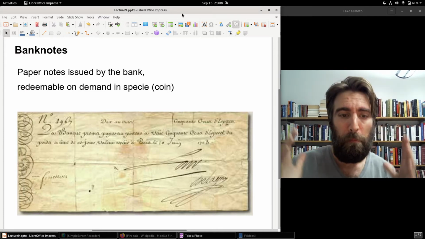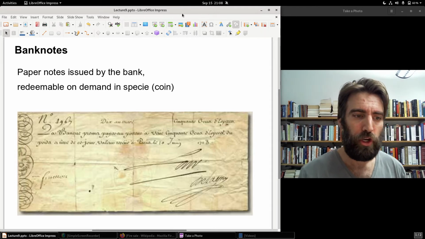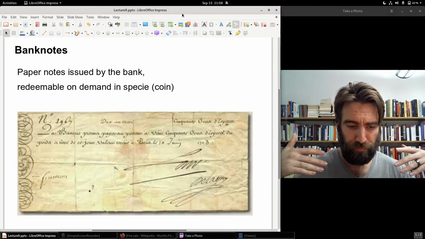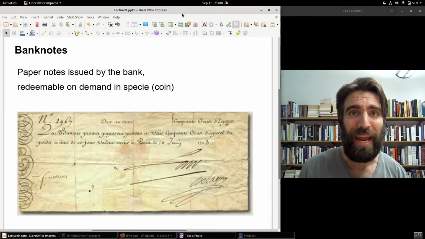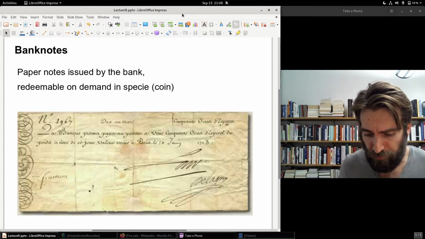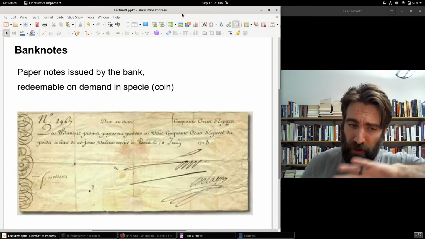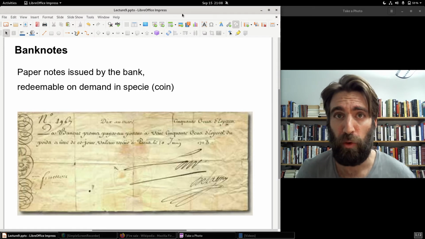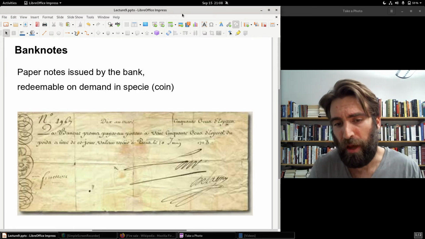Many, not all, but many of these Italian banks also issued the first banknotes in Europe. Now, I called Flying Cash the world's first banknote a few lectures ago. I still stand by that.